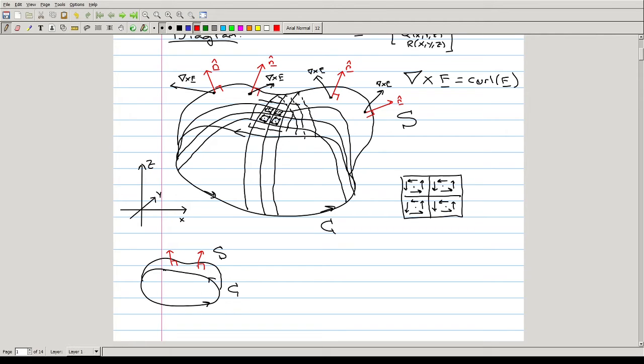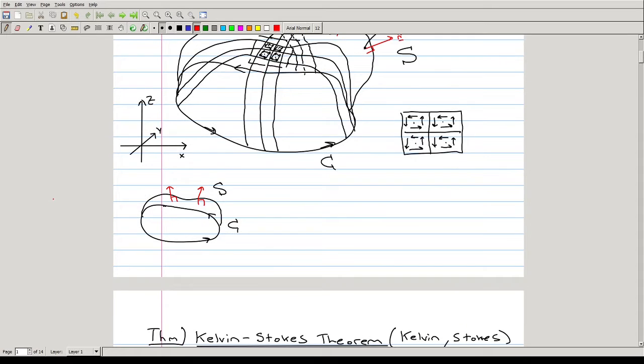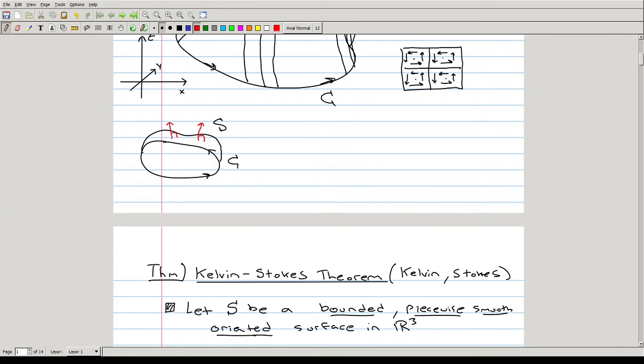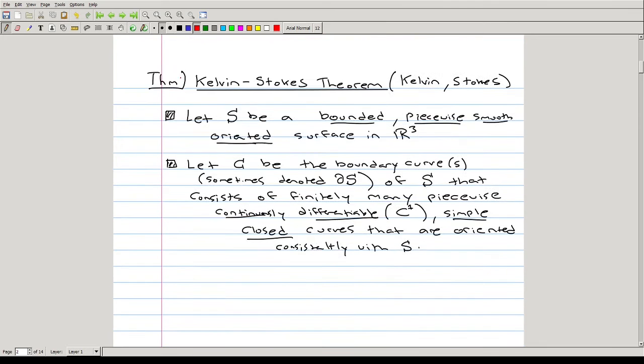The outward normal to the surface is pointing up. So we always need to maintain this orientation and be consistent. As we've seen before, it's important to keep consistent with all of your orientations, especially when we're doing the integral theorems. This is really important.